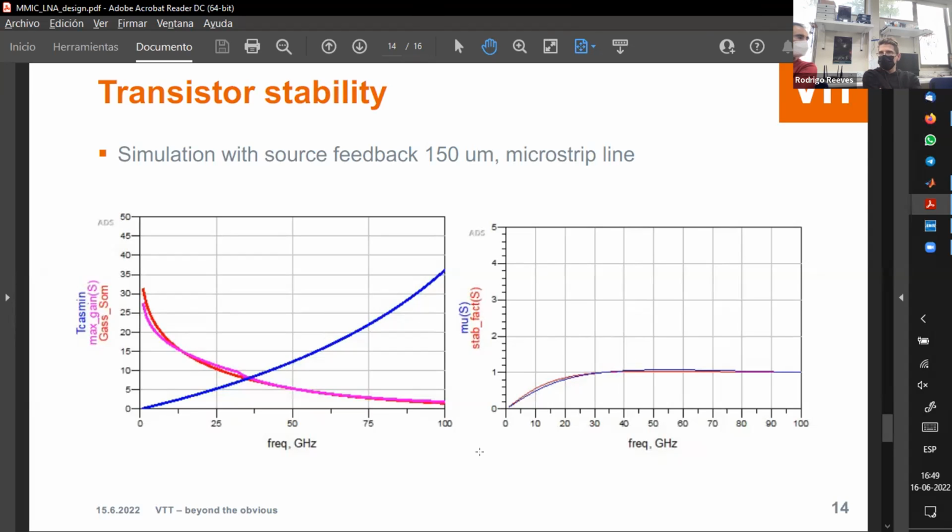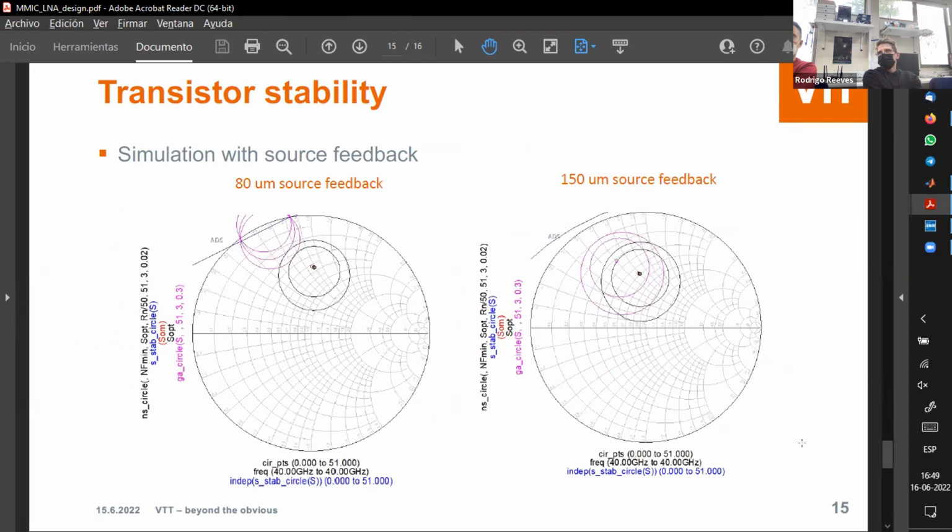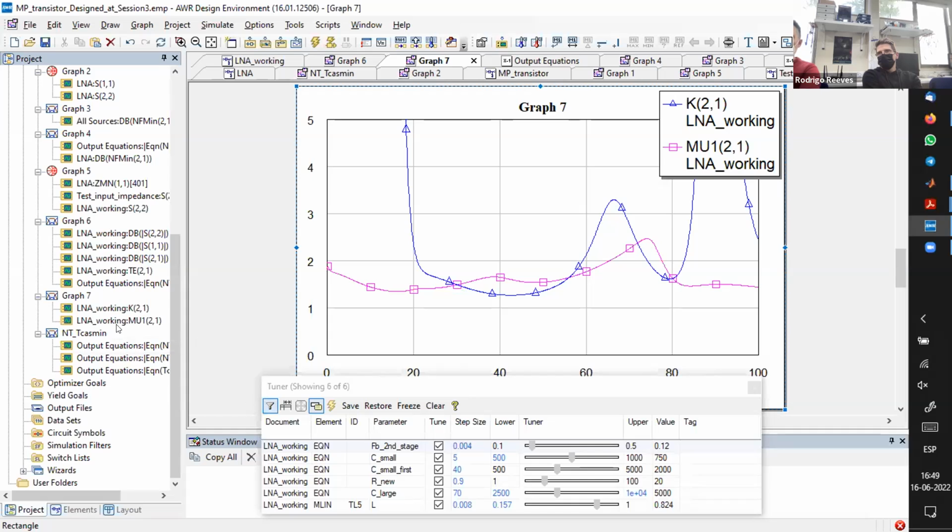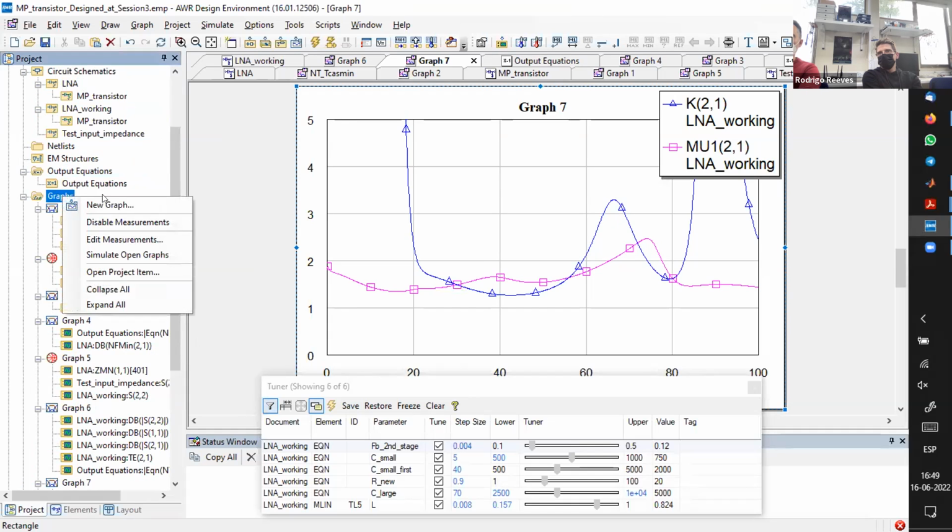We load it with resistors. So now it went up. And in fact, we didn't see those circles in AWR. Nevertheless, you can draw them. Let's try. Yeah, so I think there should be.